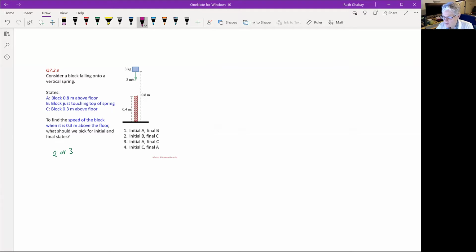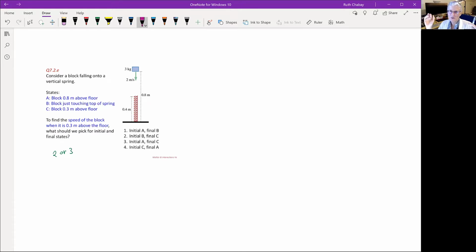So if we pick, we have to pick one, don't we? The question is, now there's a spring force acting on the block, so doesn't that make something difficult? Because it isn't there the whole time. And the real beauty and simplicity of energy problems is that it doesn't matter what happens in between.